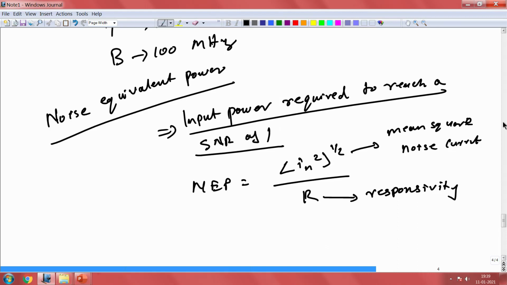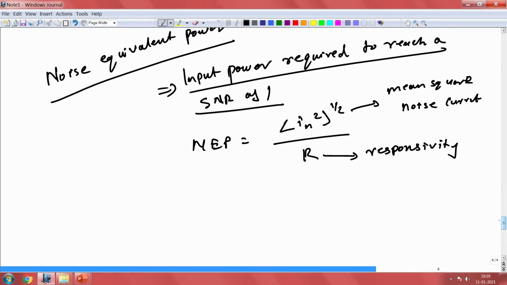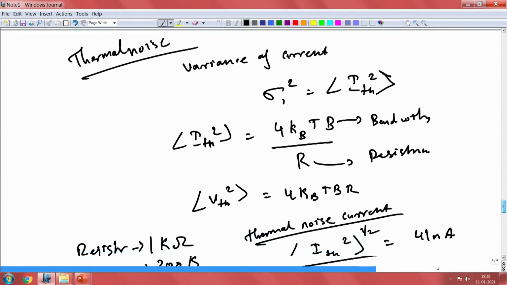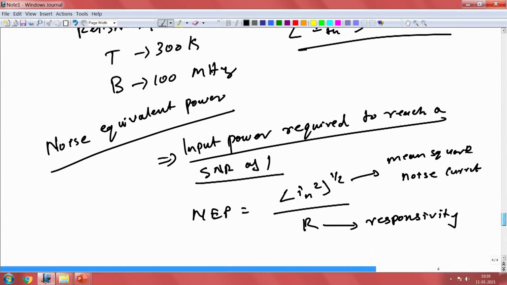Signal to noise ratio of 1 is the basic requirement to detect any signal. We know this mean square noise current is a combination of dark current and our thermal noise current.